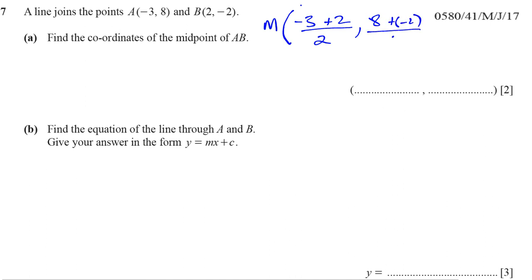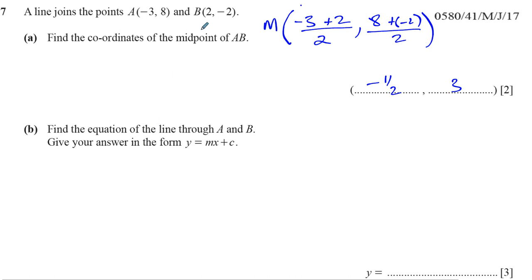You end up with -3 plus 2, which is -1 over 2, so you get minus a half, and 8 minus 2, which is 6 over 2, which is 3. So (-1/2, 3) are the coordinates of the midpoint of the line segment between A and B.